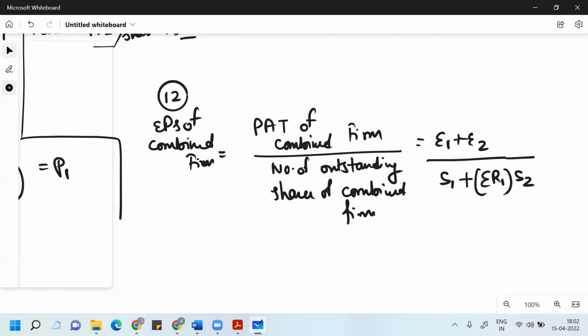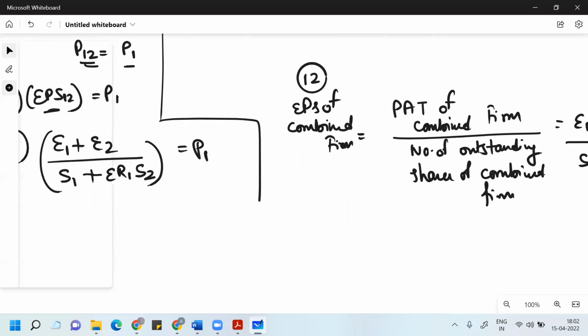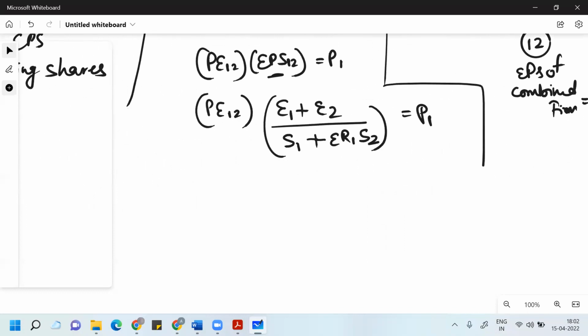That exchange ratio into the number of shares outstanding would be the EPS of the acquired firm. I hope this part is clear to all of you.